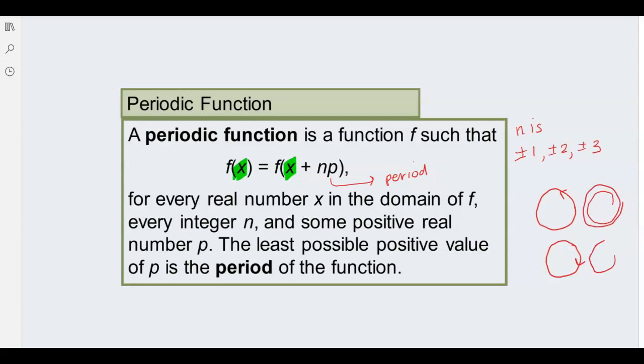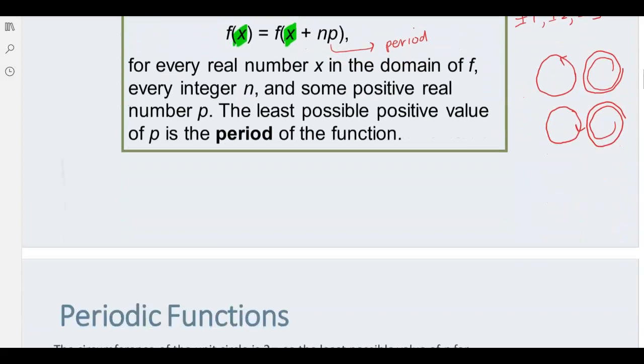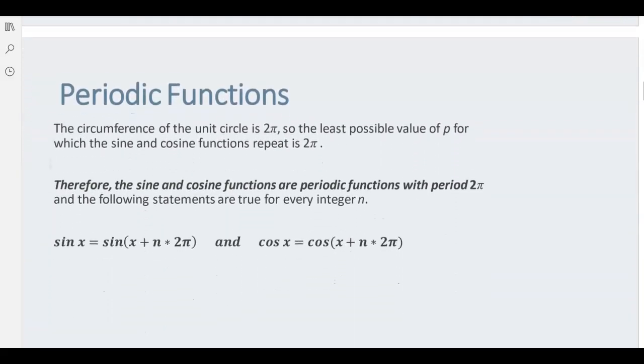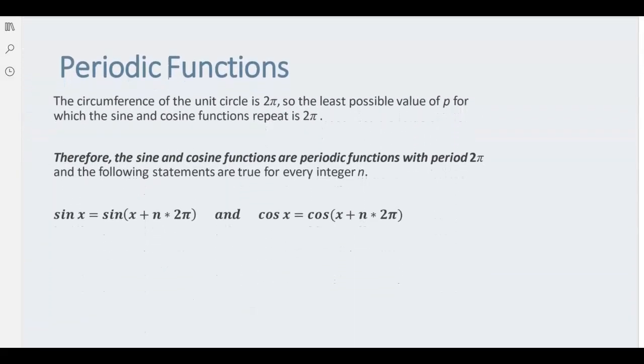Minus 2 would be going around the circle twice in the opposite direction. And so we're just saying that we're ending up at the same location each time. Because the circumference of the unit circle, or that distance all the way around one full rotation, is 2 pi, that's what we are going to consider the period to be for both the sine and the cosine graphs.